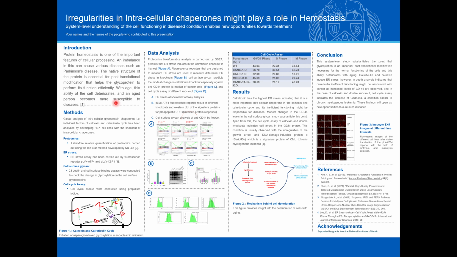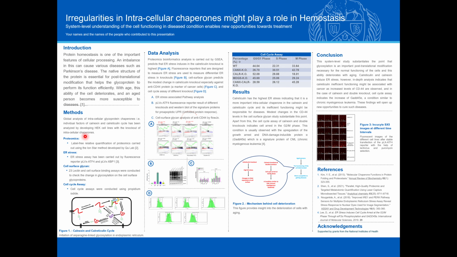So in order to understand these things in detail, the study focuses on finding out the global impact of intracellular glycoprotein chaperones such as Calnexin and Calreticulin, in the Calnexin and Calreticulin cycles that we have discussed in previous videos, which is the initial point for asparagine glycosylation in the endoplasmic reticulum.